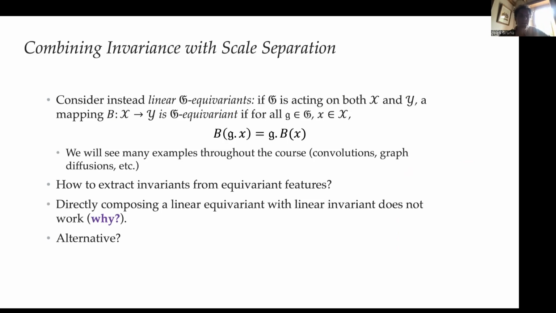So the alternative, and I guess this is hinting at the answer, is that I need to go nonlinear. We need something that makes the operator nonlinear. But of course, we need to apply something nonlinear that doesn't break all the other properties that we are trying to build, in particular the invariance or the equivariance.